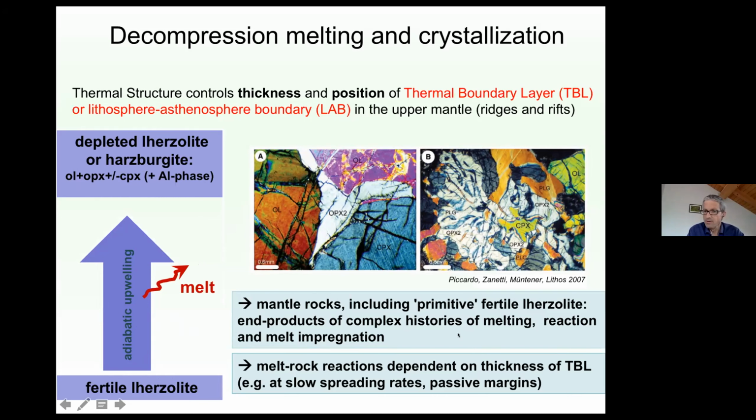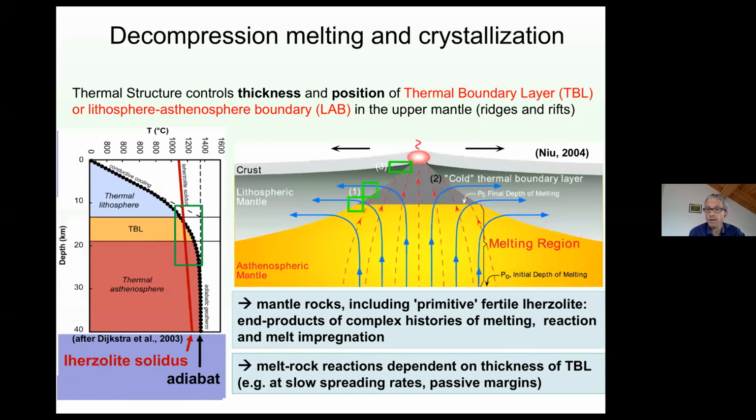So fertile lherzolite may have a very complex history, and the melt-rock reactions depend on the thickness of what we call the thermal boundary layer, as indicated here in this figure. On the left side, you can see thermal asthenosphere and thermal lithosphere, and this is separated by the thermal boundary layer, in this case indicated as between 15 and 20 kilometers, designed for a mature mid-ocean ridge.